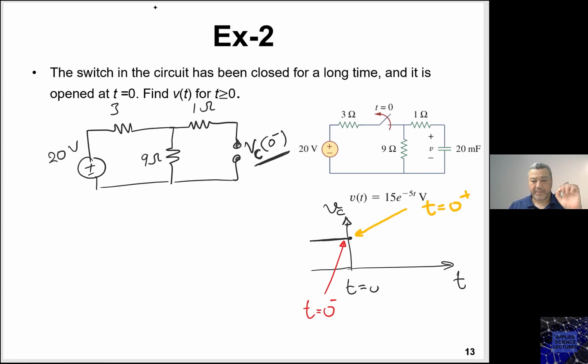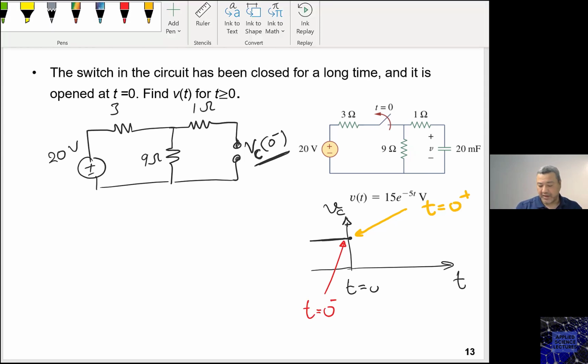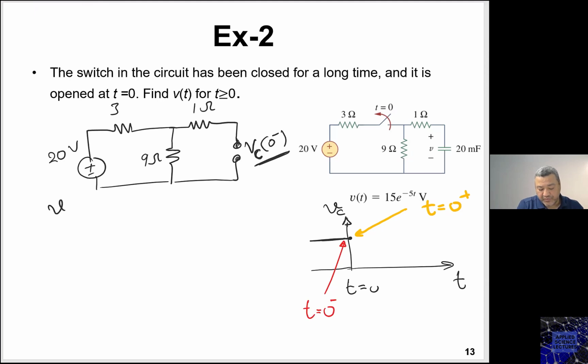Only that moment, when I do the switching, the value right before the switching should be the same as the value right after the switching, and then it will start changing exponentially. Only this moment right after the switching, right after the 0, is why we call it 0 plus. So in this case, we will say that the voltage of the capacitor at 0 minus equals the voltage of the capacitor at 0 plus, and now this one is going to be my initial condition.